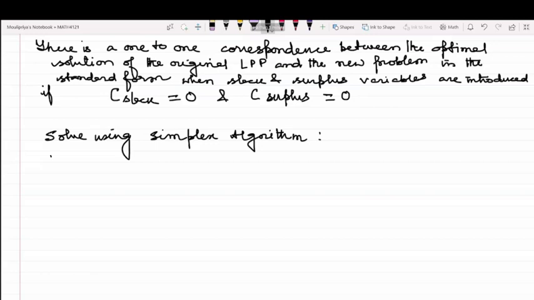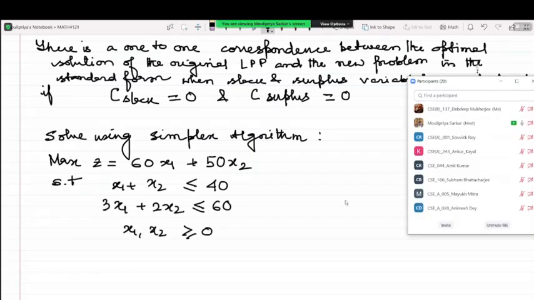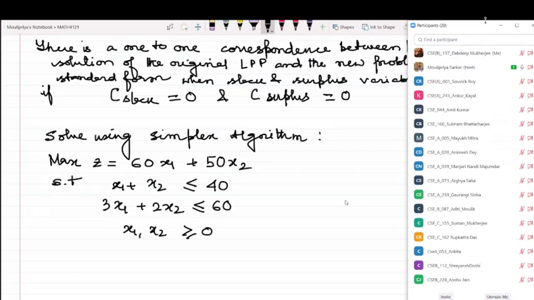The problem says you need to maximize z given by 60x1 plus 50x2 subject to x1 plus x2 less or equal to 40. What do you think should be the first step?